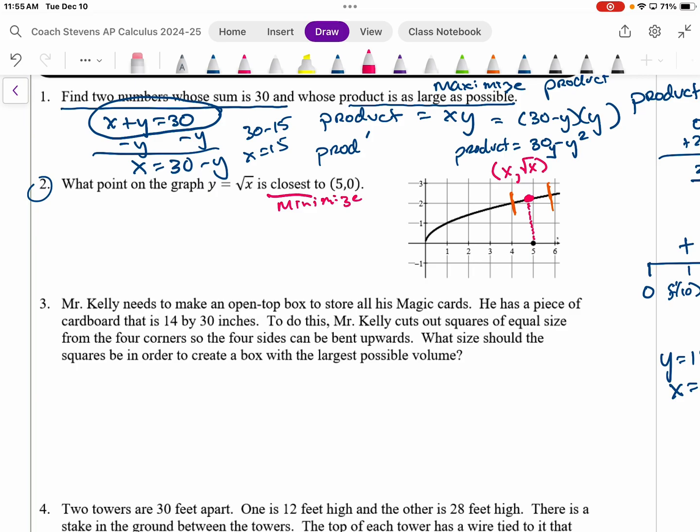Now, do you remember the distance formula? Square root of the x values subtracting the 2 x values, squared, and then add the difference of the y values squared. So here is your generic format.